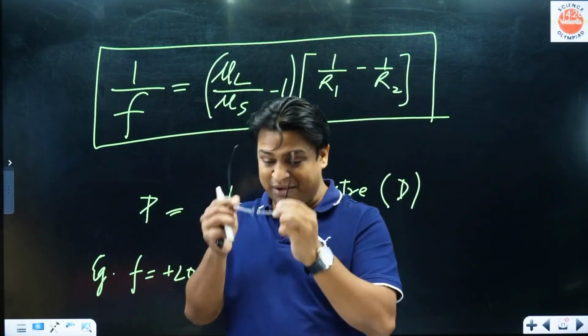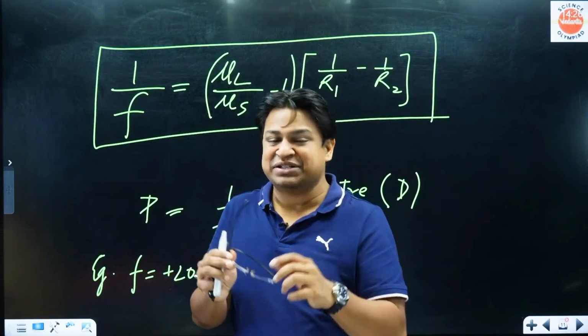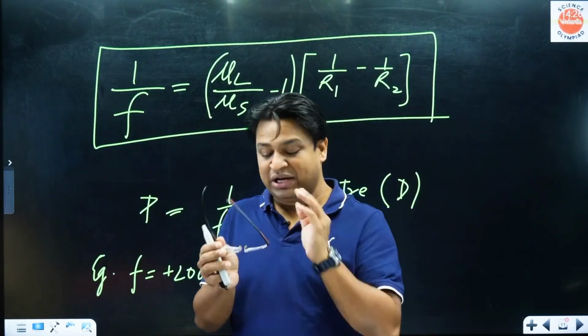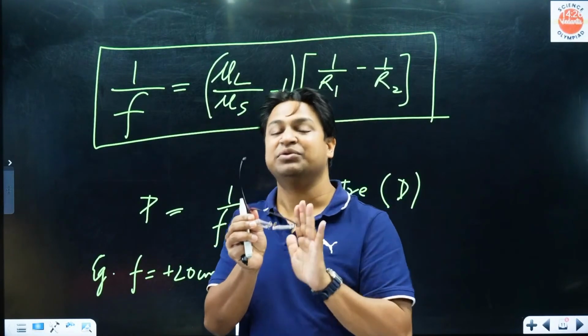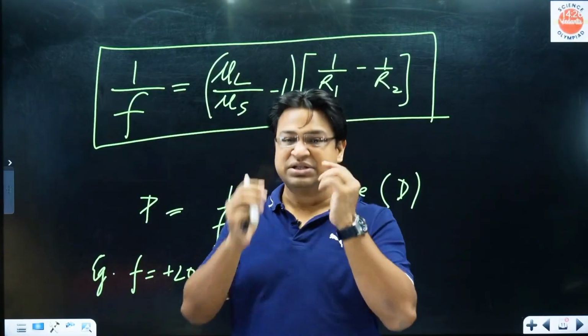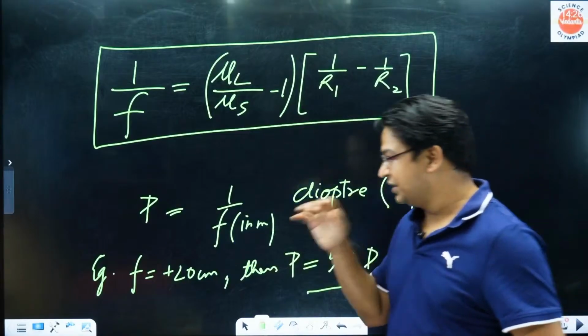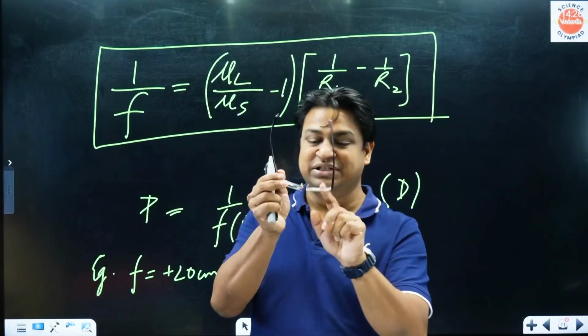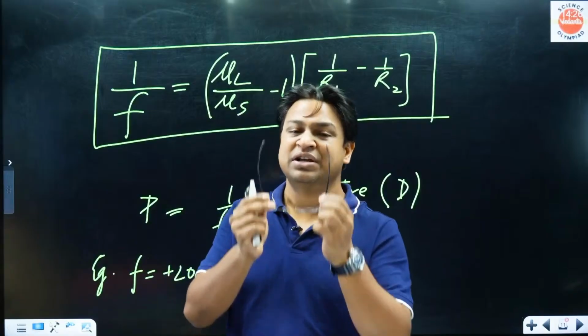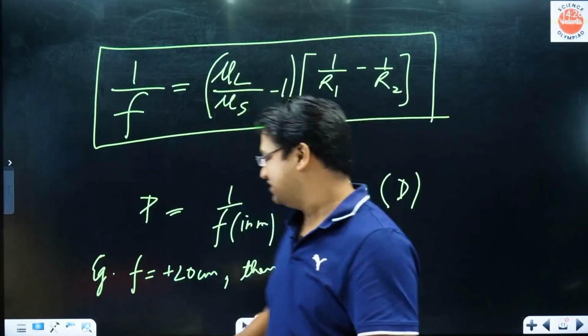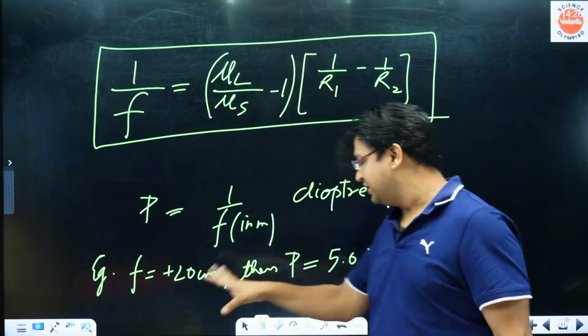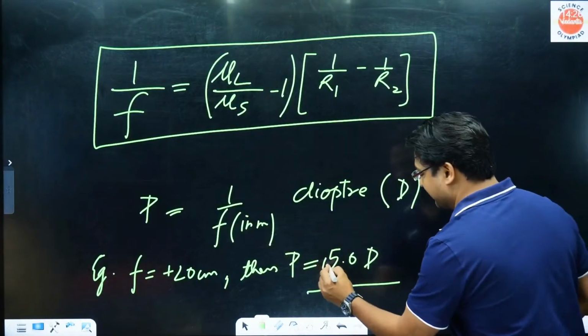For example, my power is minus 5 around. So the lenses that I'm using have a power of around minus 5. Or in other words, their focal length is minus 20 centimeter, because a plus 20 centimeter will give me a power of plus 5 diopter.